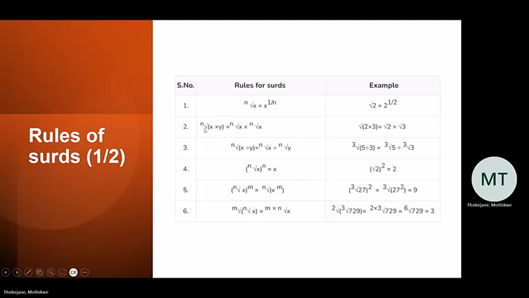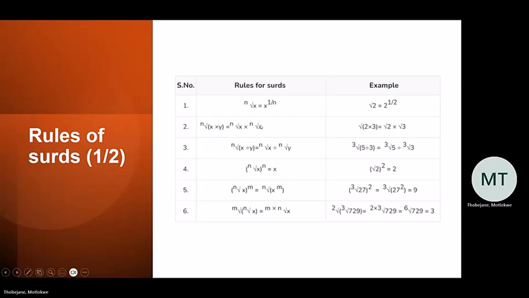Another one: the n-th root of x multiplied by y. This is the product rule we talked about. It will be the n-th root of x times the n-th root of y. Actually, apologies, this should be y here. This was just a typo.